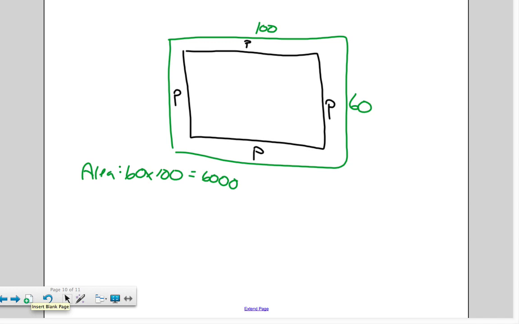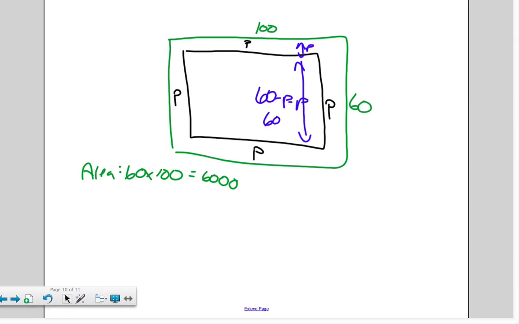The width of the path is how big the path is. So what is this dimension here? It's 60, but we minus this P, because that width got taken away, and then we take away this P as well.